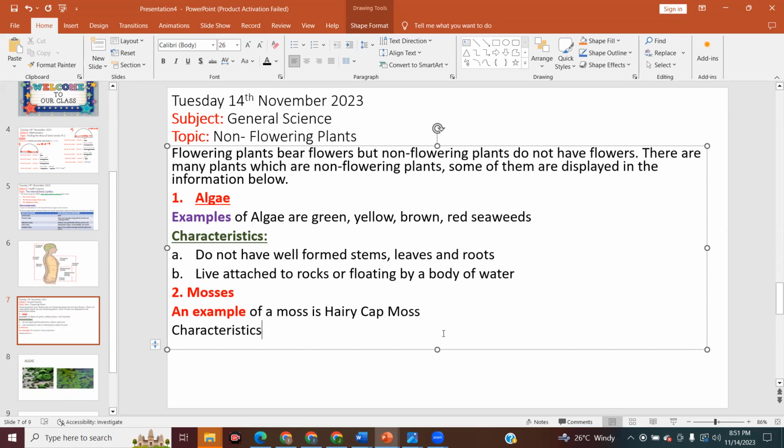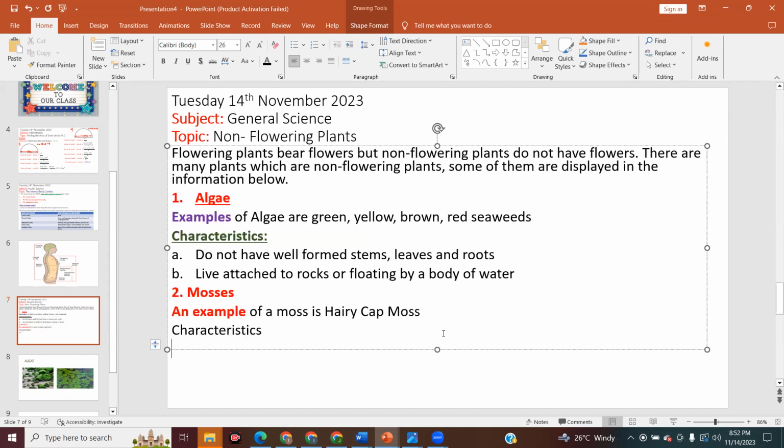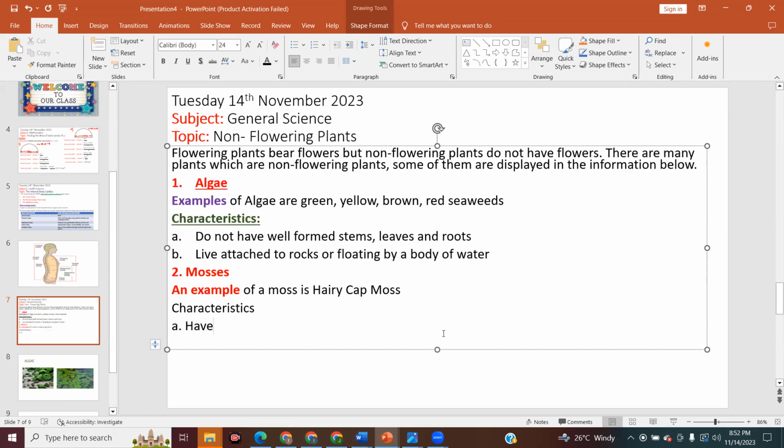When you look at mosses, they have a simple leaf-like structure.